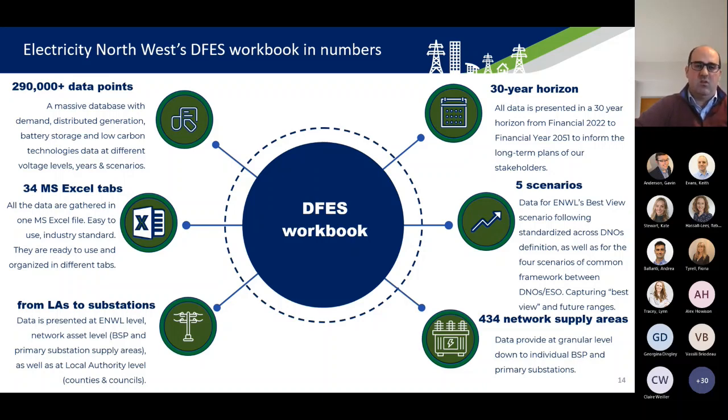You can also find information per bulk supply point, substation feeding area, and by primary substation feeding area. And this data is both for the last historical year and for a 30-year horizon in the future. Data is for all our first 5 scenarios that I explained earlier. And you can see that it accounts for over 400 supply areas across the Northwest.